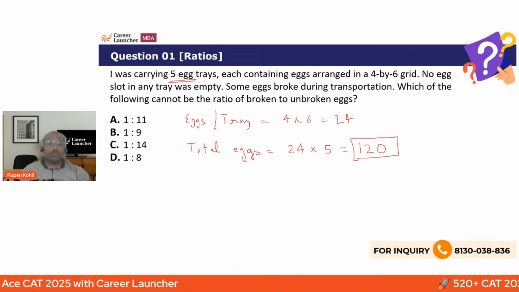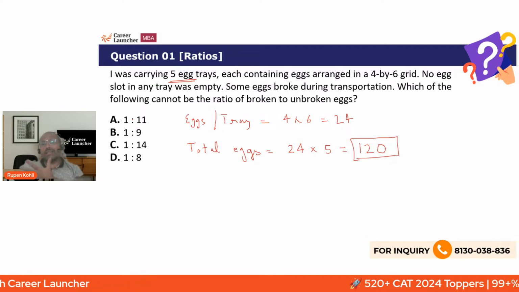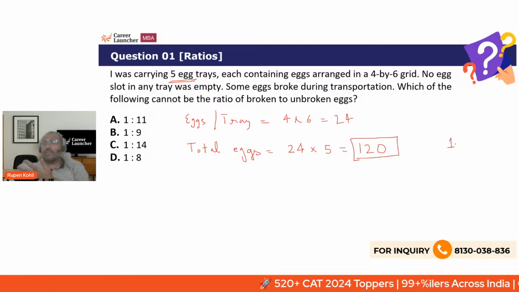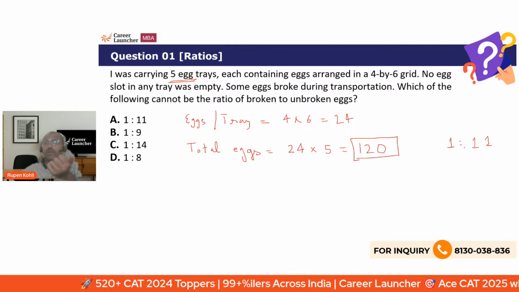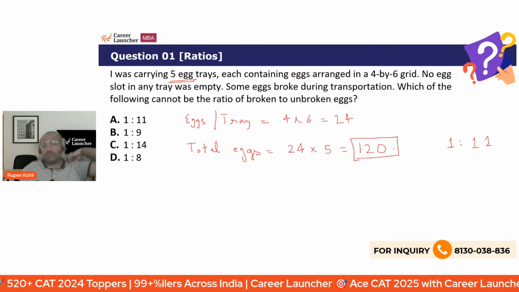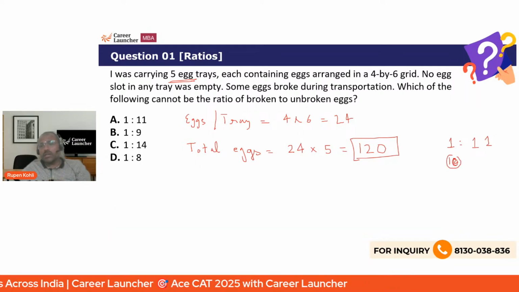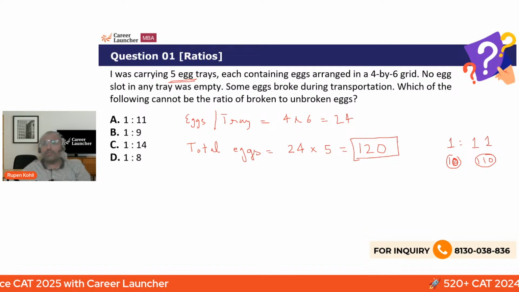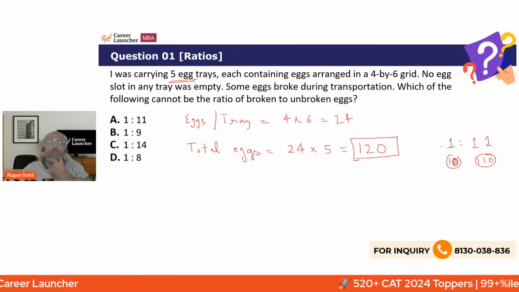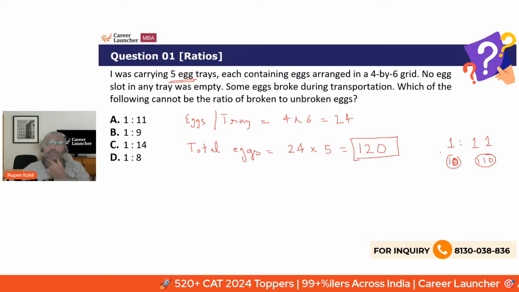So for example, option A is definitely not our answer because 120 can easily be broken down into the ratio of 1 is to 11. Since 1 plus 11 is 12, and 120 is divisible by 12, the number of eggs becomes 10 and 110. 12 into 10 is 120. So just multiply these numbers with 10 and you have this being possible.